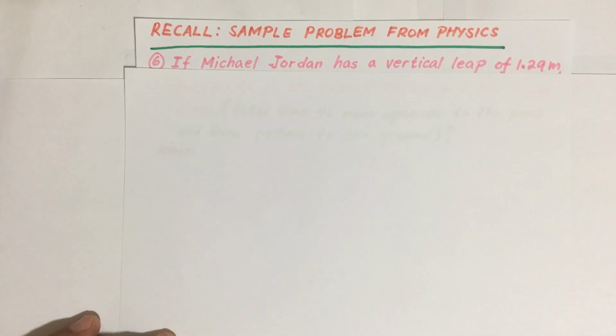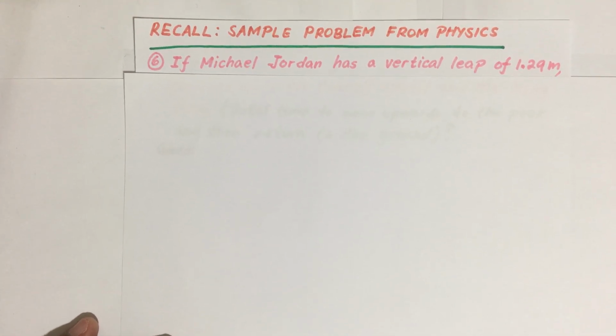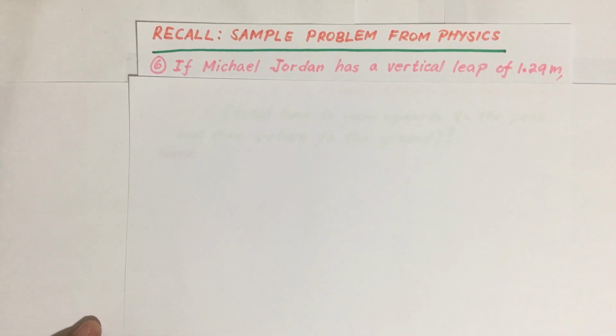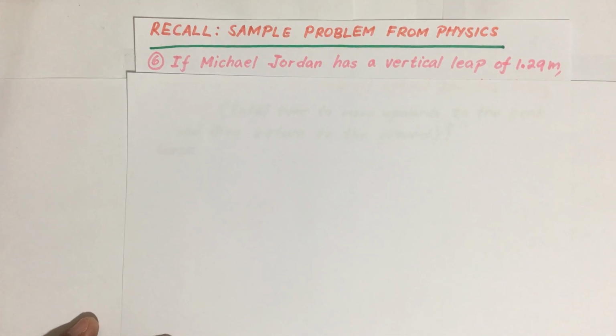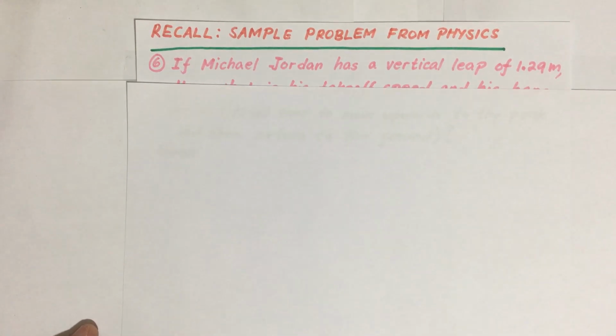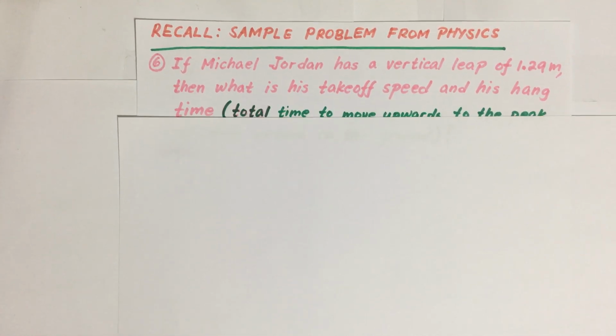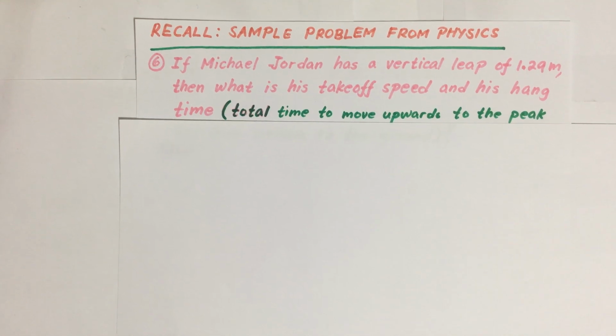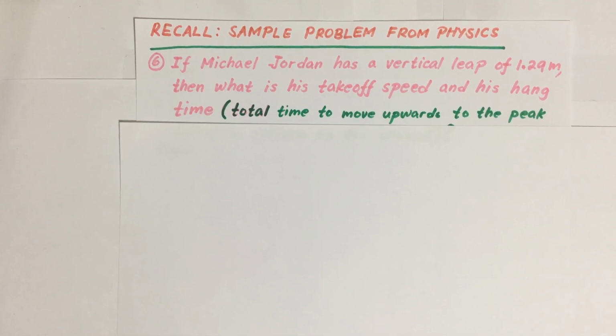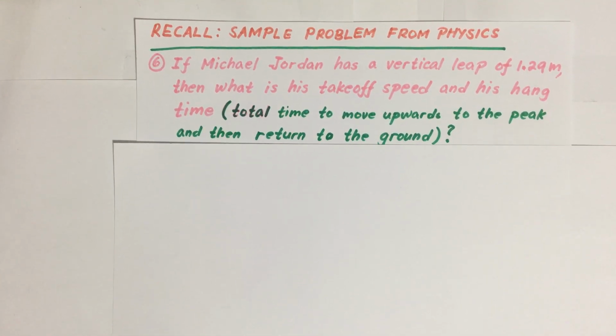So we have here the problem. Problem number 6. If Michael Jordan has a vertical leap of 1.29 meters, then what is his takeoff speed and his hang time? Hang time means the total time to move upward to the peak and then return to the ground.